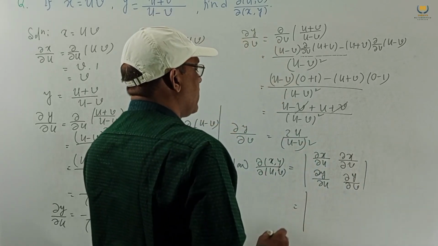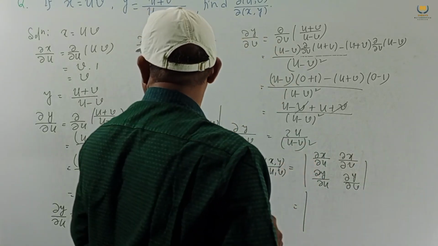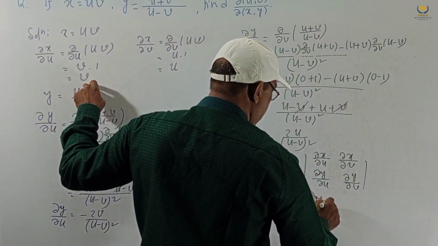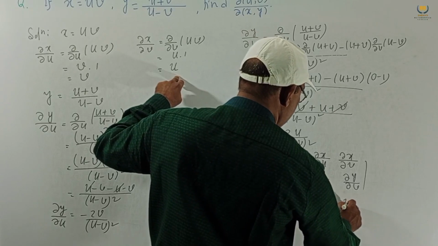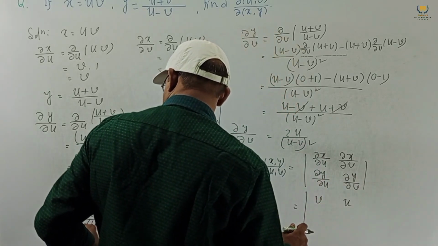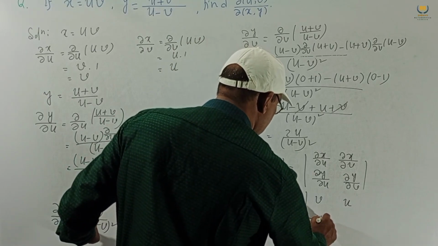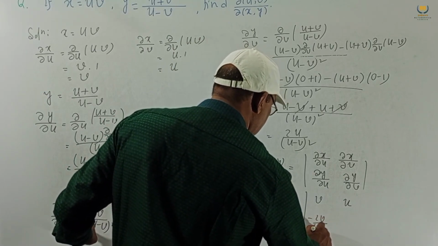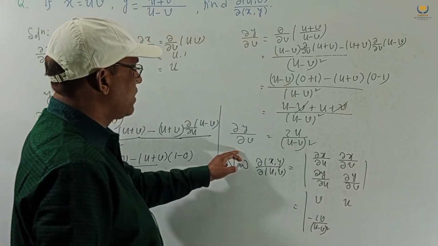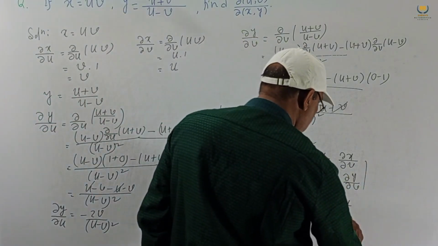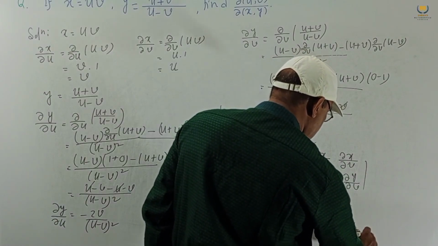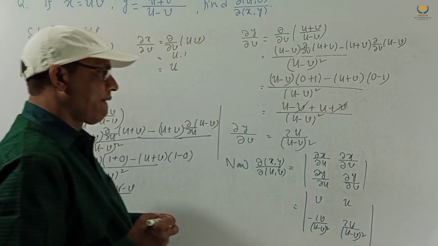Del x by del u means v, and del x by del v is u, and del y by del u is minus twice v by (u minus v) whole square, and del y by del v is twice u by (u minus v) whole square.